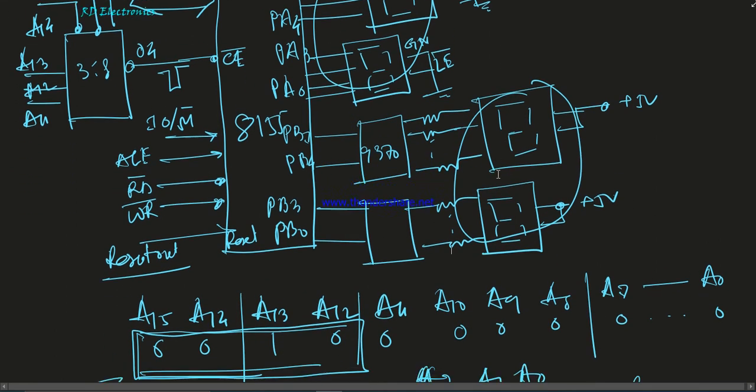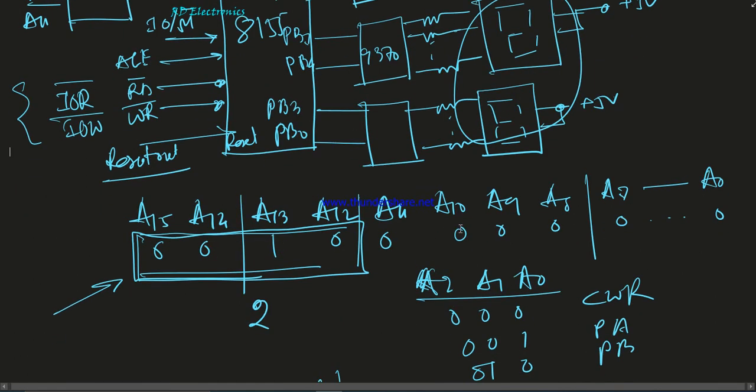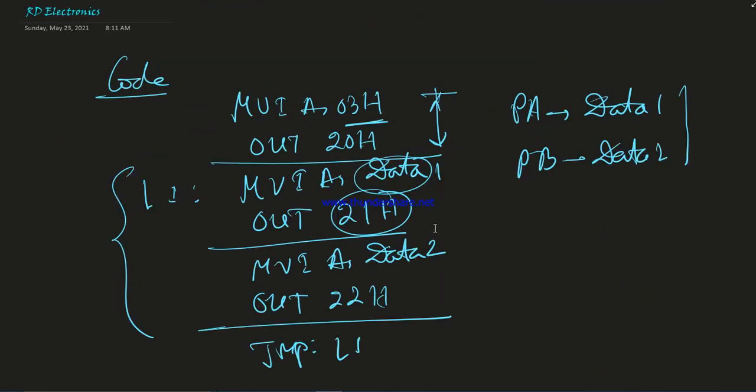This is the technique. It should be remembered that here we use the IO read bar and IO write bar signals from the control signals of the 8085. This is the process to design the hardware and interface the 7-segment display.